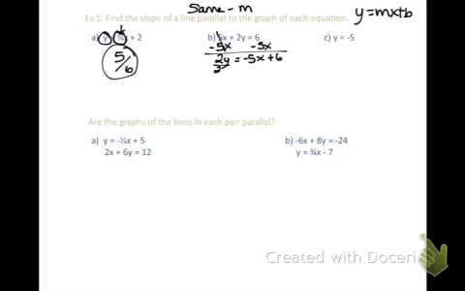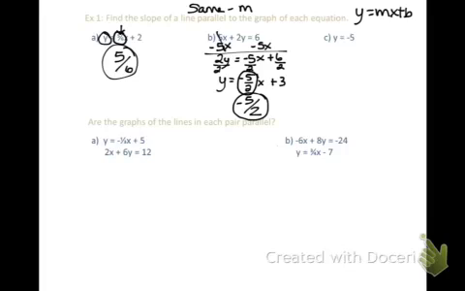If I divide the negative 5 by 2, I also have to divide the 6 by 2. So now it's y equals negative 5 halves x plus 3. Now here is the slope, since we got y by itself. The slope of the parallel line is also going to be negative 5 halves.